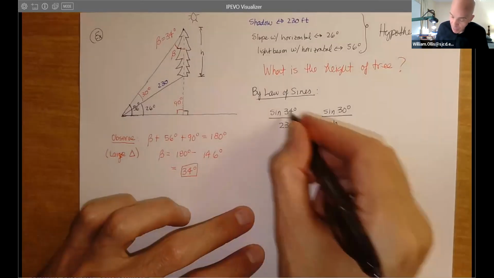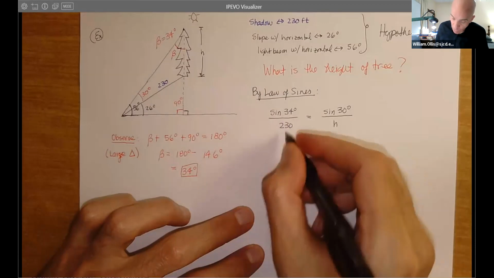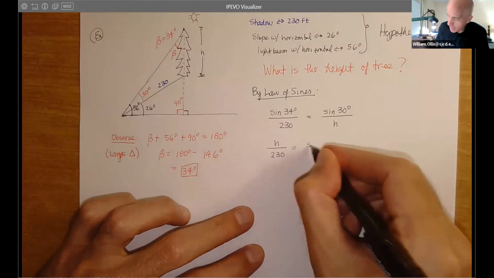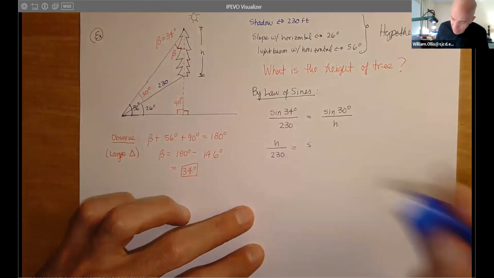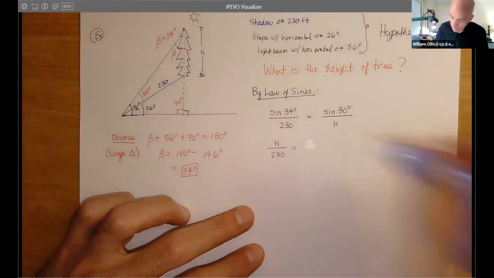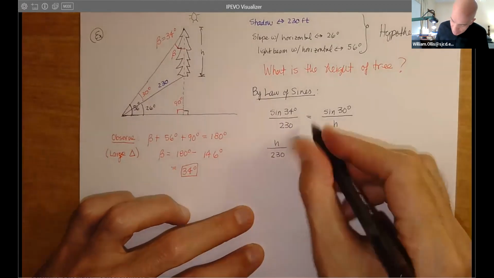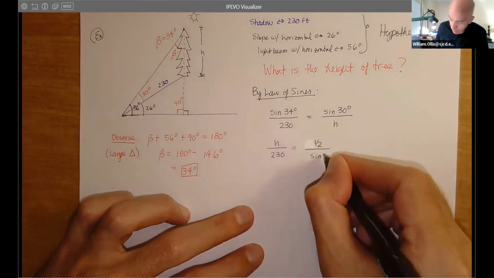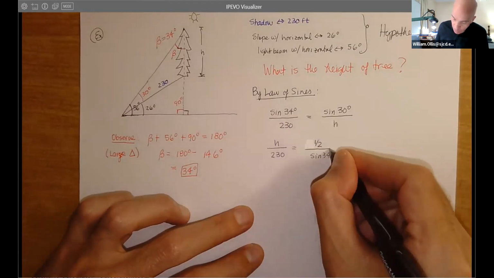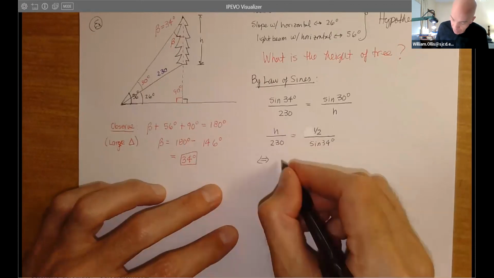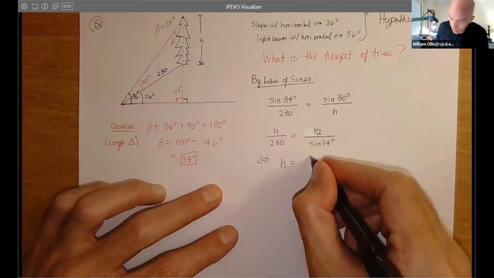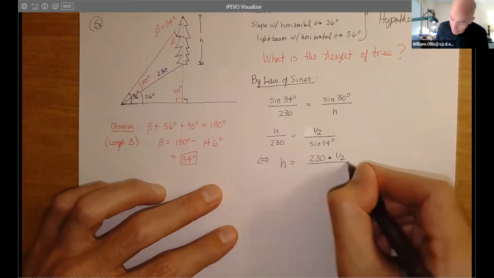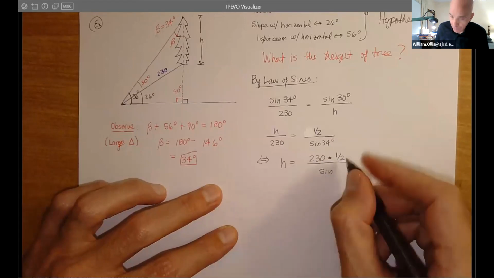We'll replace the H and the sine 34, flip those around. So we have H over 230 equals, and sine of 30 is 1/2. That's easy. Divided by sine of 34, again, degree mode. So the height of the tree will now be 230 times 1/2 divided by sine of 34 degrees.